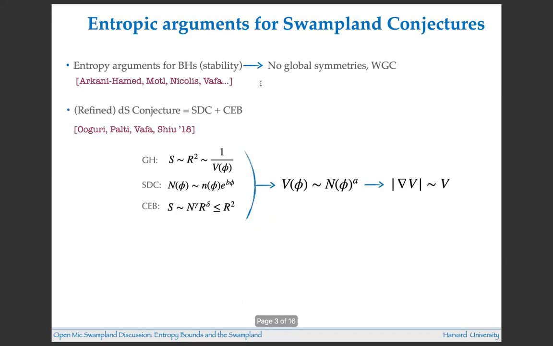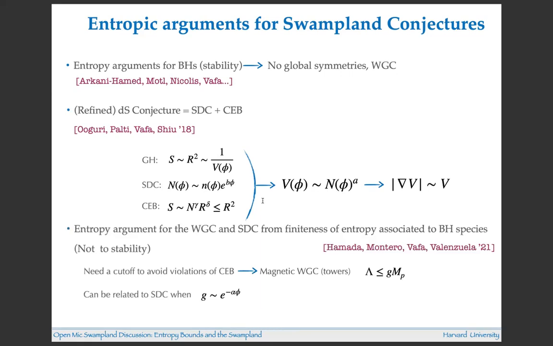More recently, there's the argument for the refined de Sitter conjecture, which combines the swampland distance conjecture with the covariant entropy bound and says that close to the boundary of moduli spaces, the scalar potential for a field goes as the species number to some power, so that one recovers the behavior predicted by the distance conjecture, by the de Sitter conjecture.